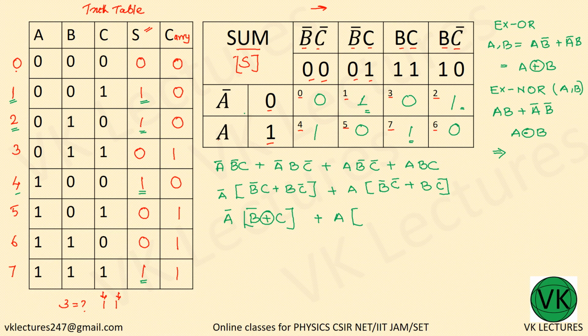So A XOR B whole bar. So let us write it as this is B C bar, so B XNOR C, which we would write as A bar, B XOR C plus A into this.